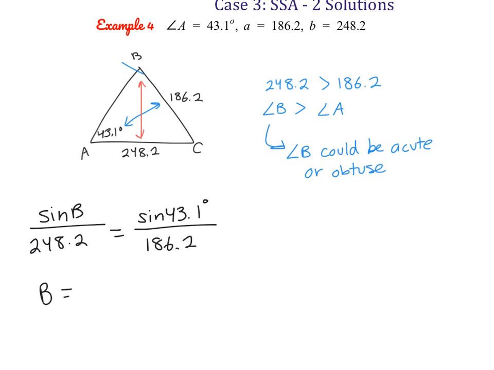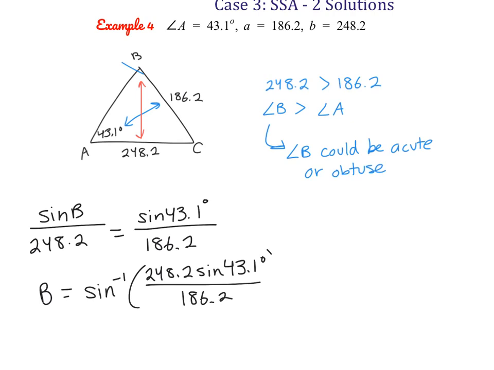So that means that B is going to be the arcsine of 248.2 times the sine of 43.1 degrees all over 186.2. And then this we can plug into our calculator to get approximately 65.8 degrees.